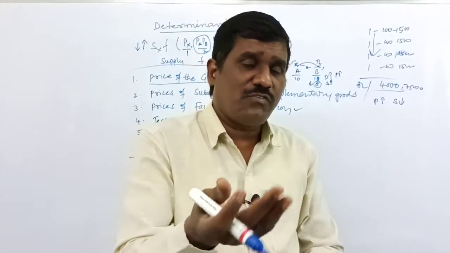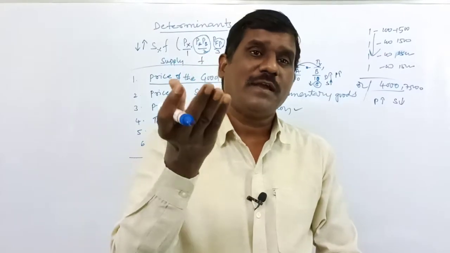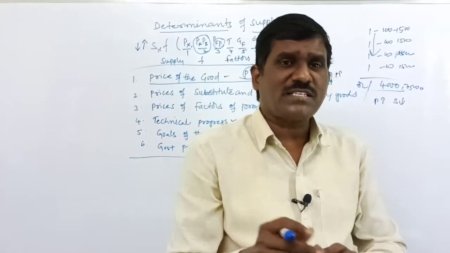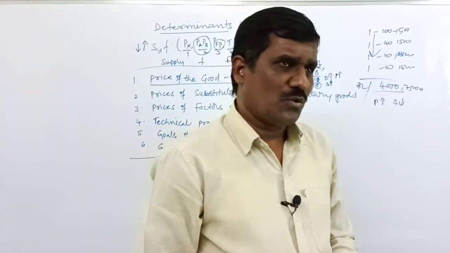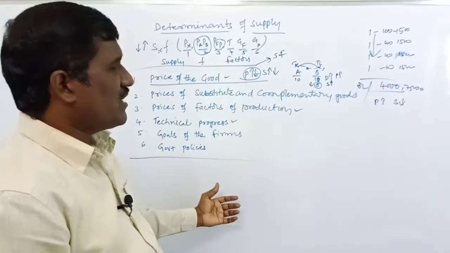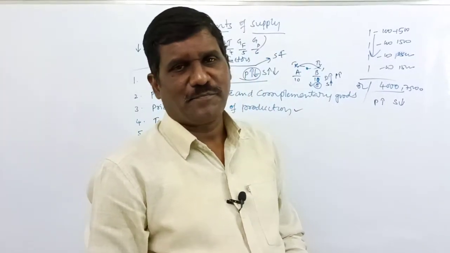If the government fails to provide subsidies to industries, the cost of production will be high. When the cost of production increases, the price of the commodity will also increase. Okay? So this is the presentation of the determinants of supply.